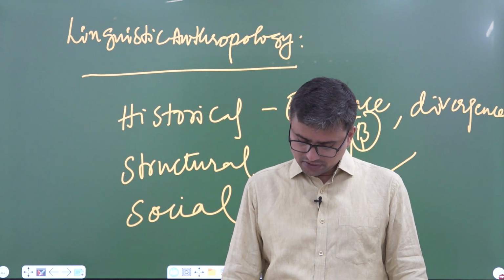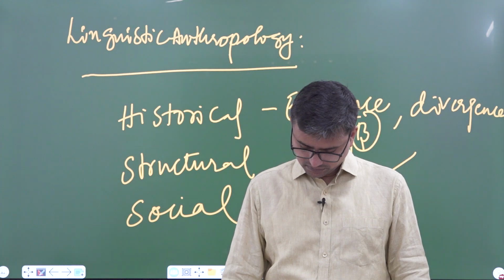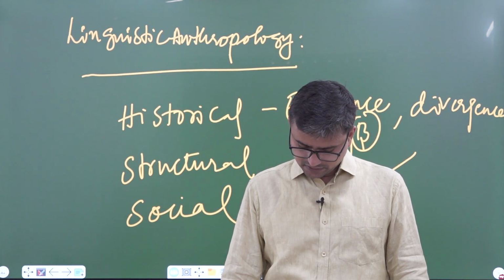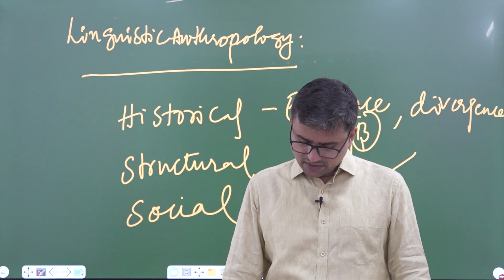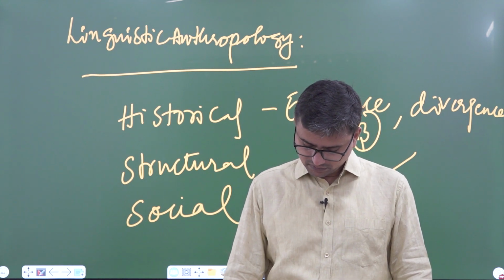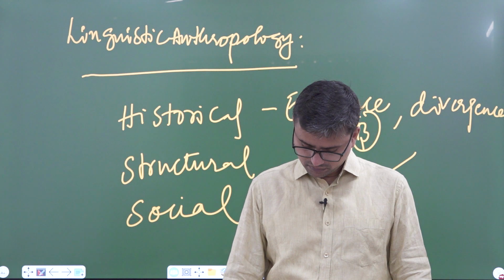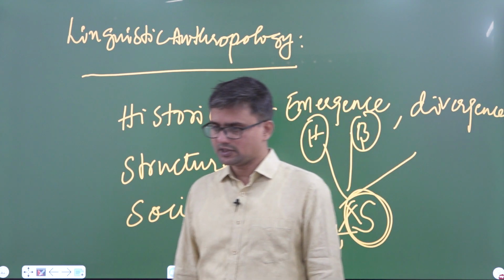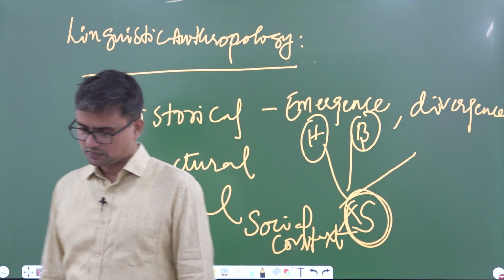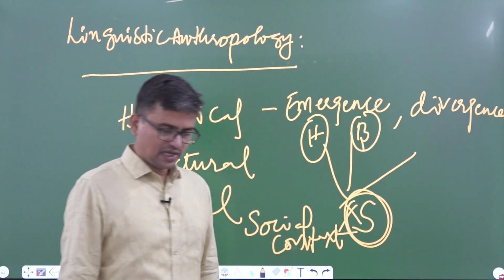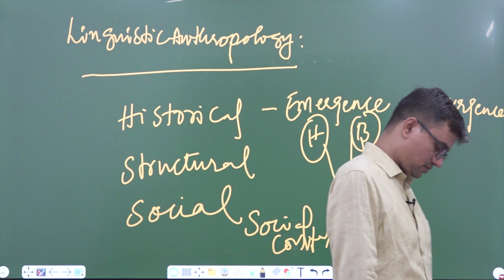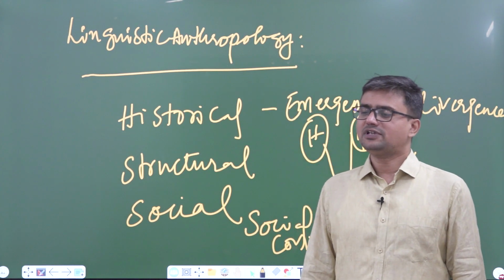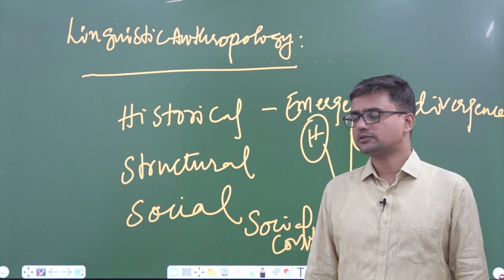Next item, historical linguistics are concerned with the emergence of language, and also with the divergence of languages over thousands of years. They are concerned with the emergence of language and also with the divergence of languages over thousands of years.